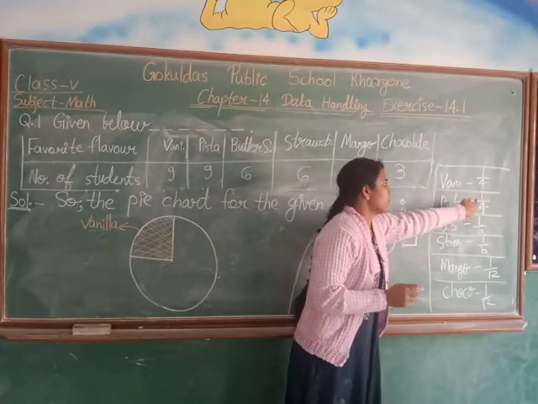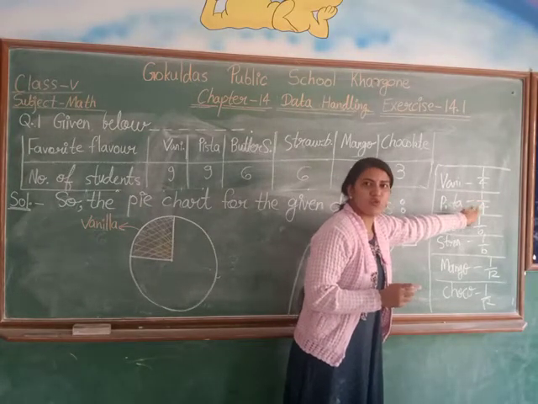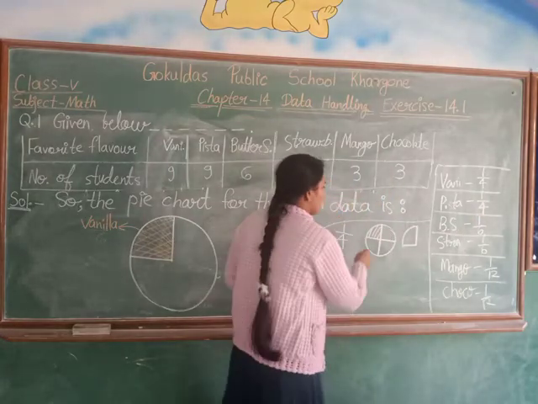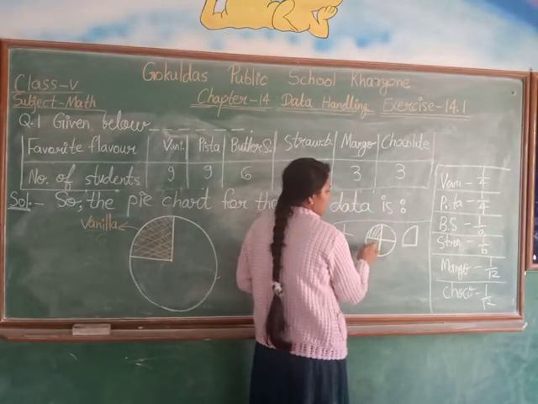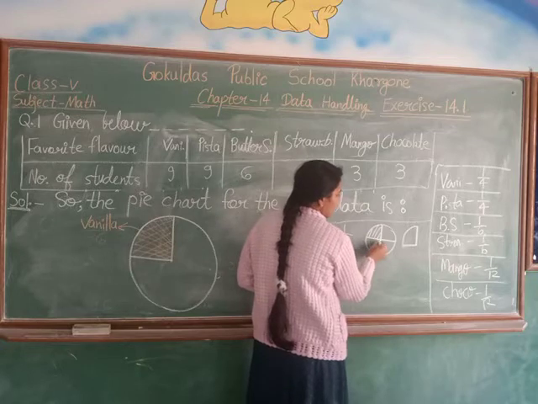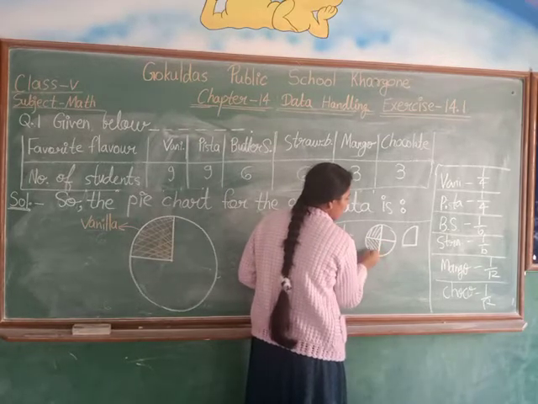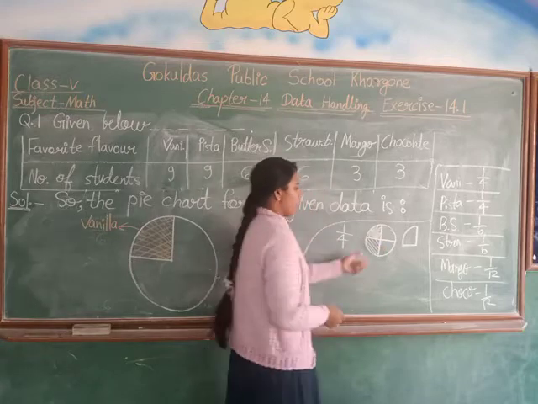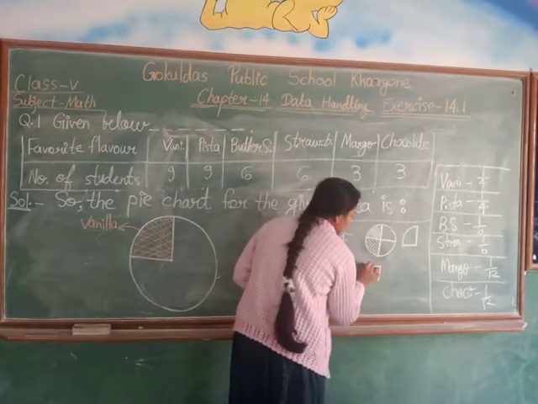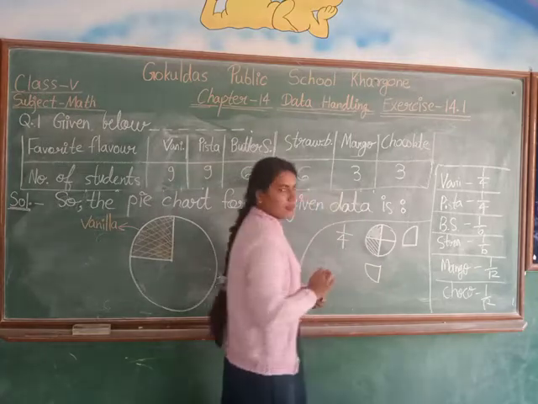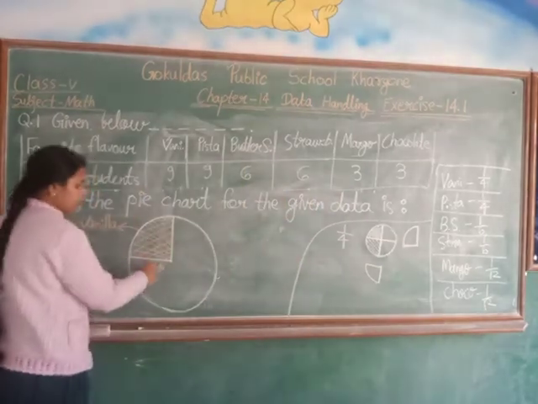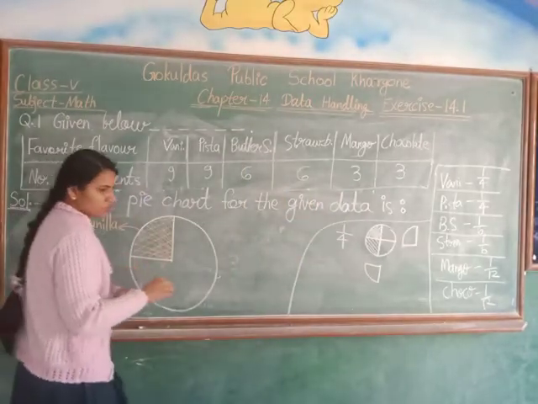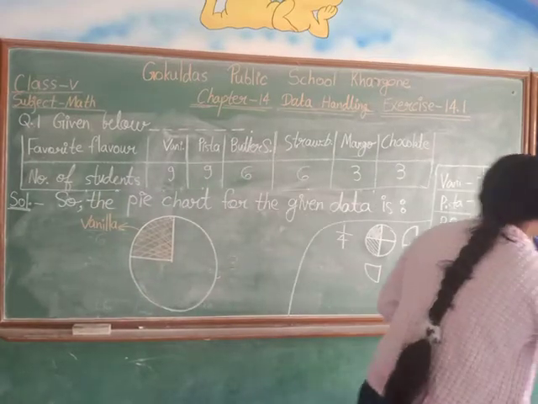Now we will move towards pista. The fraction for pista is also 1 upon 4, and you know 1 upon 4 means what? Out of 4 parts, 1 is shaded. So it means this much part of the circle.